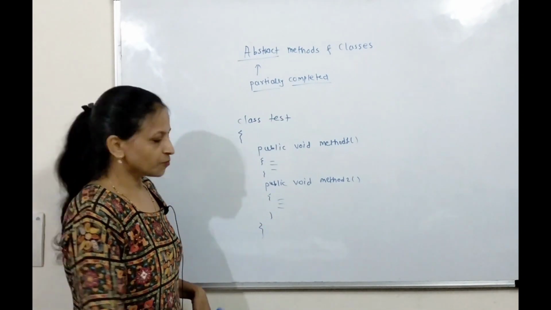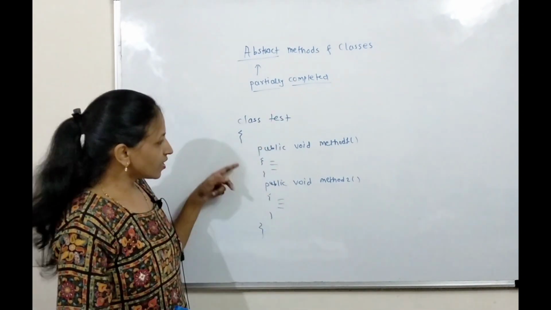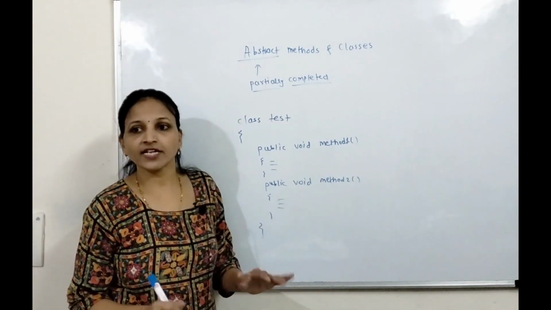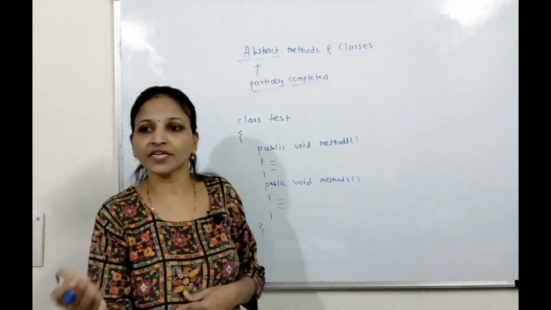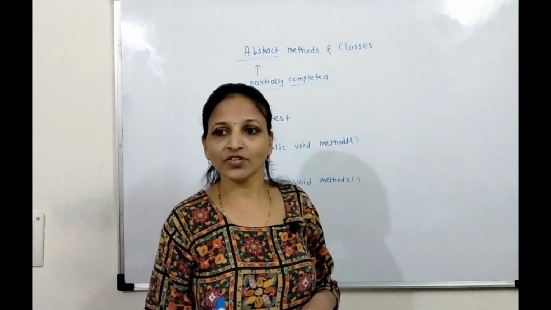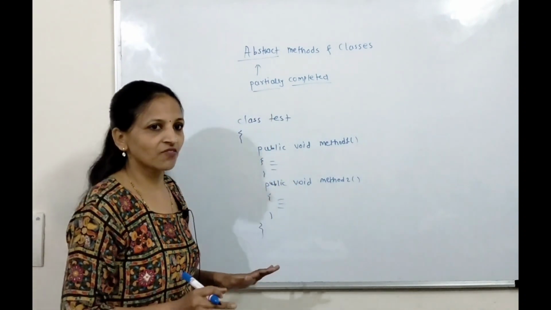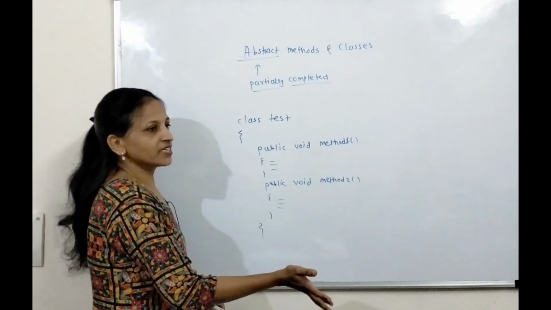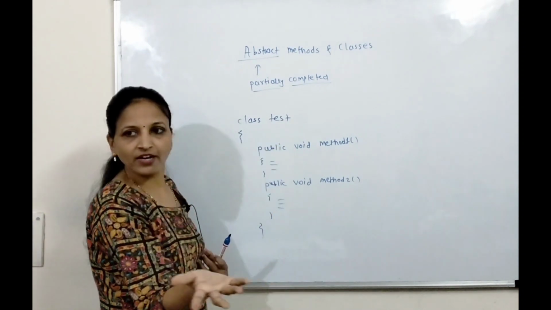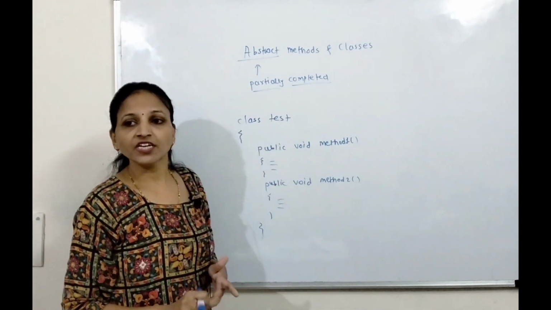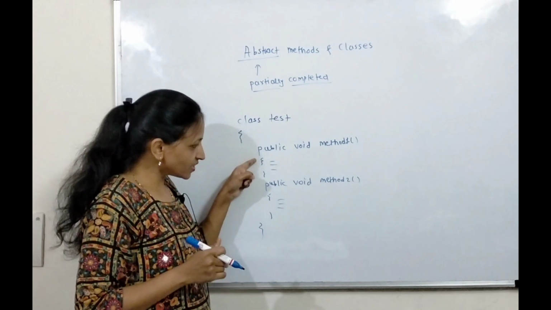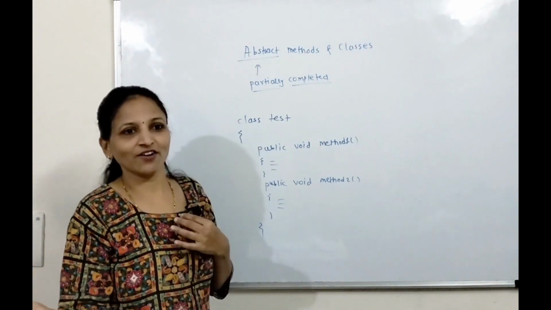That's it. Suppose this is our class and I have written two methods, but I want this class to be inherited. There is the concept of inheritance in Java, meaning we can create a new derived class from this one, and we will define these methods again in the derived class.